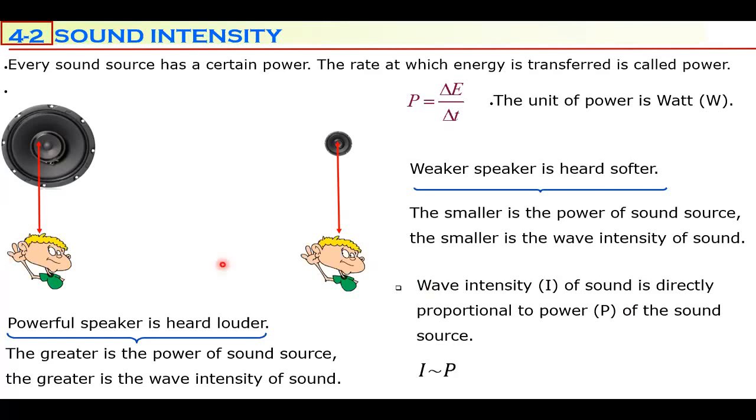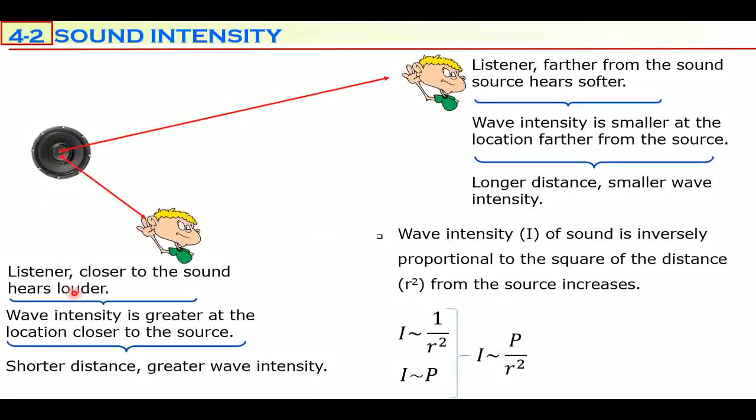Second thing is, if two listeners are at different distances from one source, this listener is closer, that one is farther. Which one will hear a softer sound? Of course, the one farther.